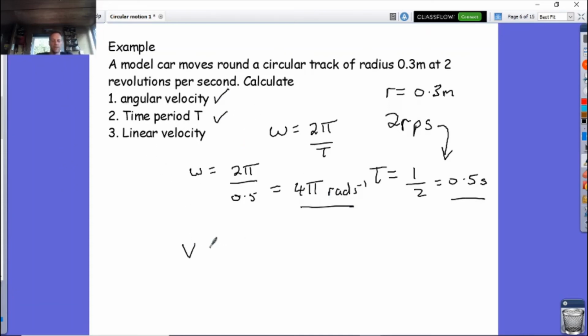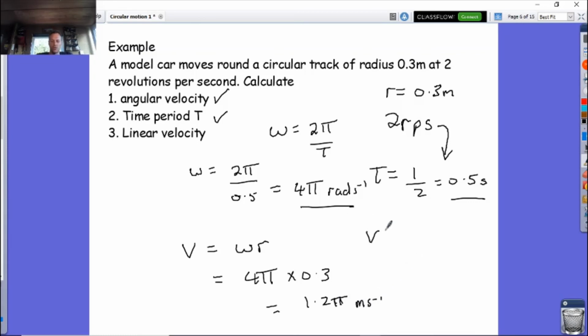For linear velocity, I can simply say v is equal to omega r. I take my omega, which I know already is 4 pi, and multiply it by 0.3, which is my radius. Isn't that going to be 1.2 pi? That's going to be meters per second.